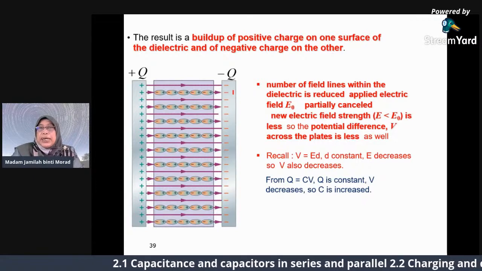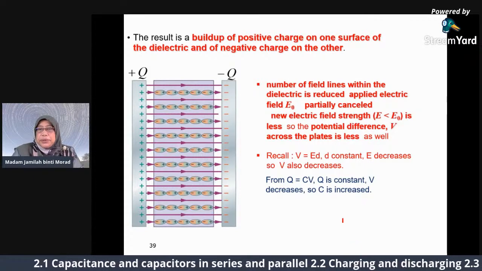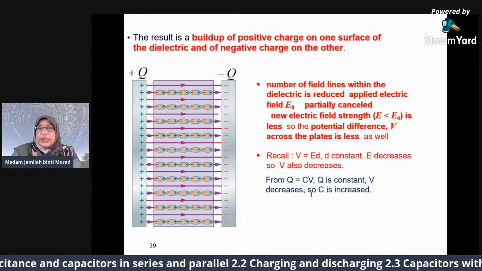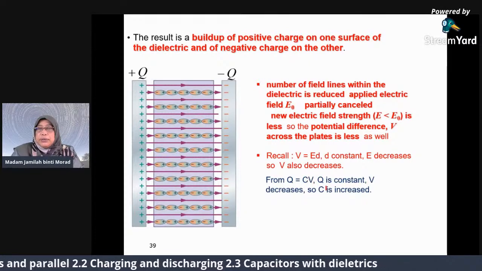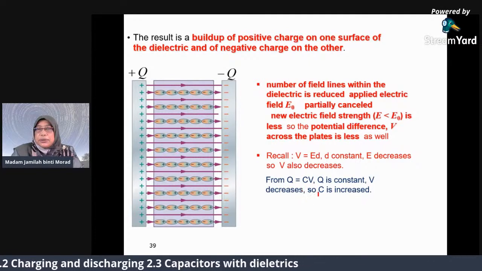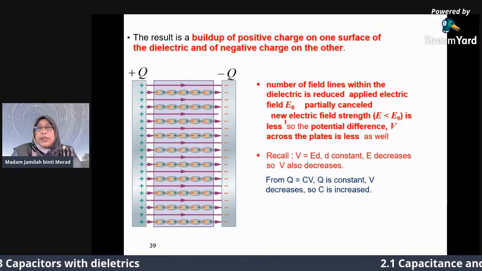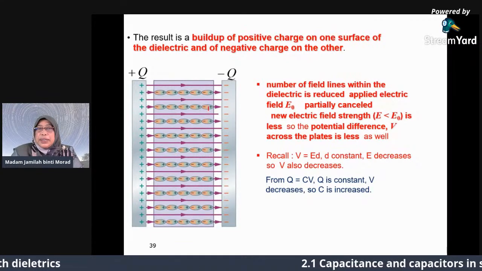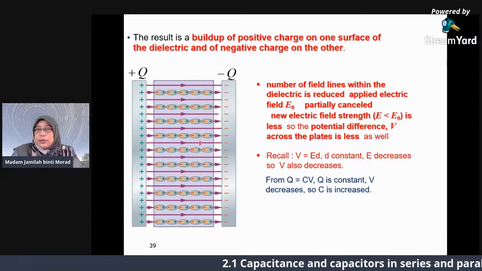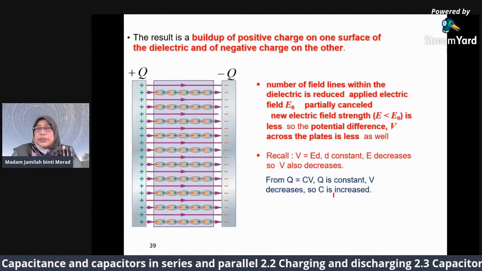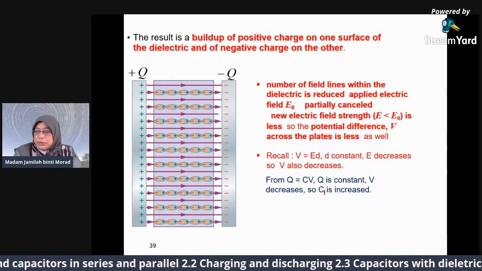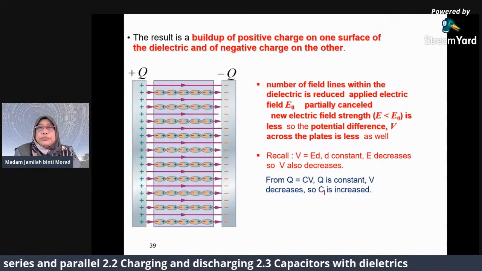We talk about the ideal capacitor here. Q is constant, V decreases. So, no, C is not constant, sorry for that. When you have the dielectric inserted between the two plates of the capacitor, your Q is constant, V decreases, so C increases.